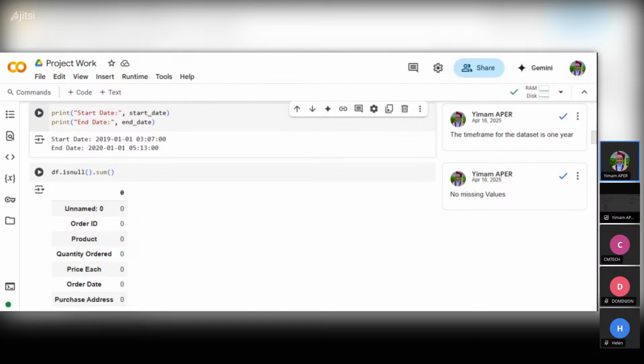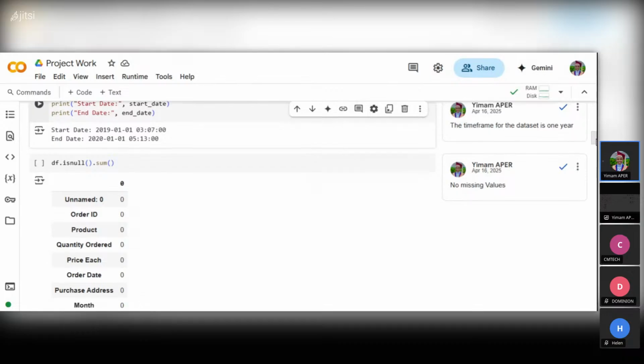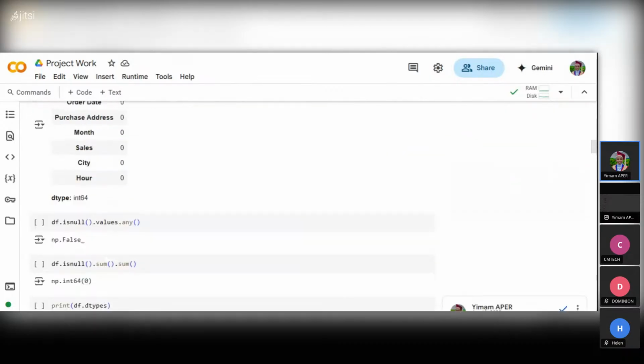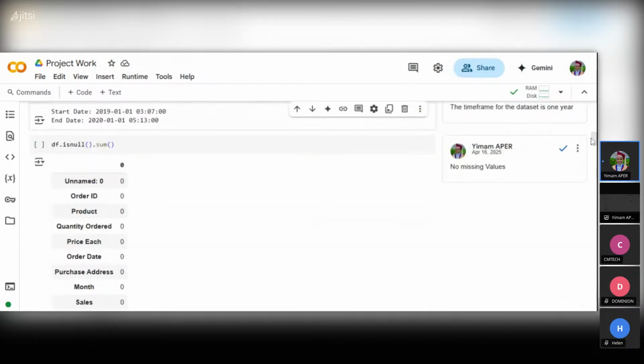If there are any null values, it's going to sum them up and give me the result. But as you can see, among all the columns there is no null value. To confirm that, if you check in my comment section, I said no missing value.